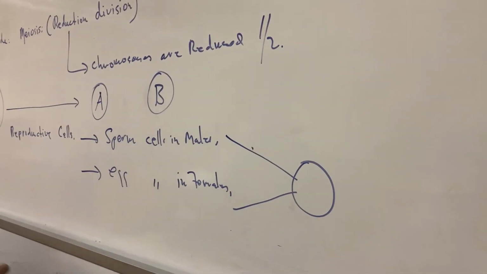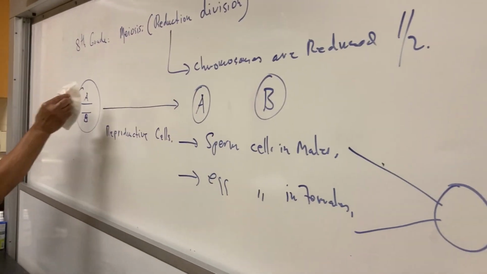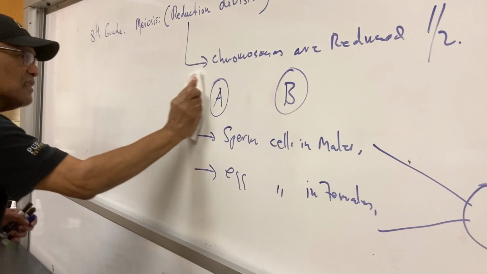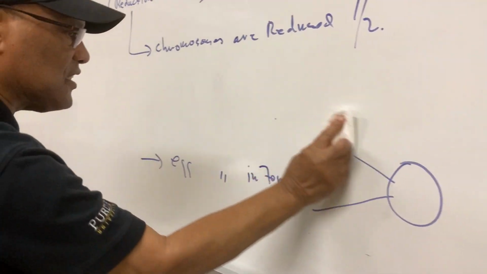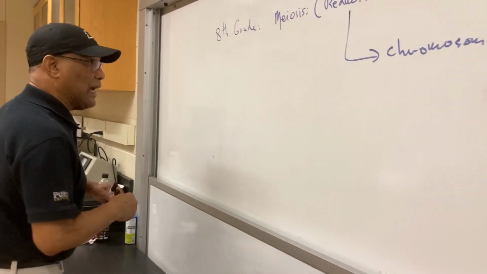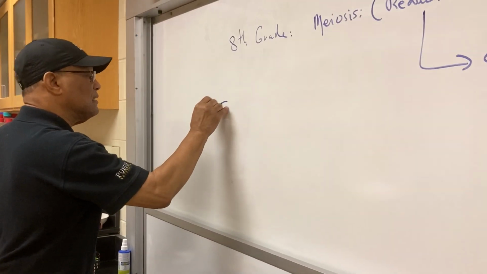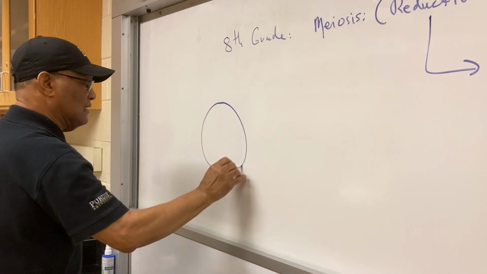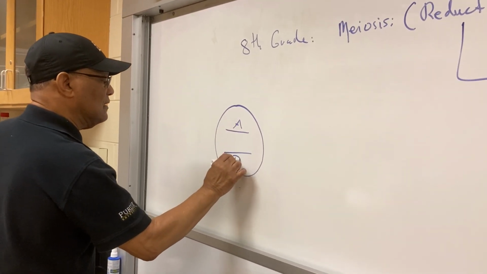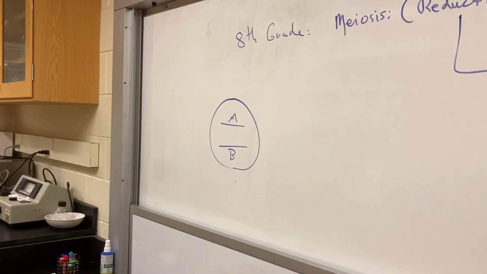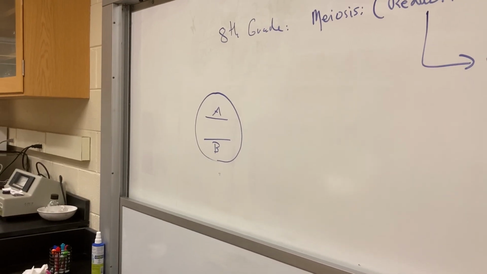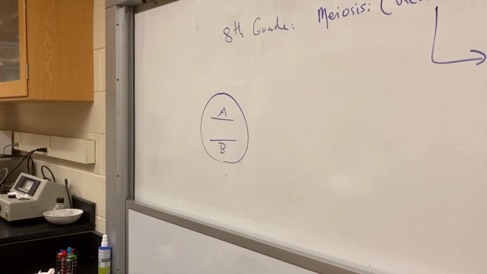Okay? So again, let us consider our fictitious cell has A and B. Okay? So you have a cell with the full complement of chromosomes.